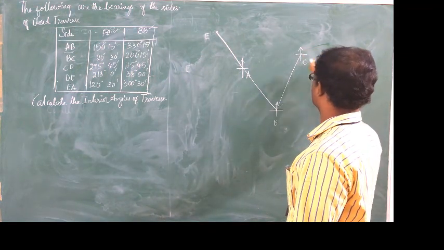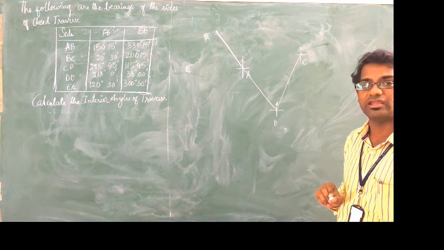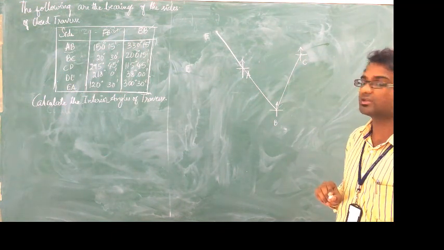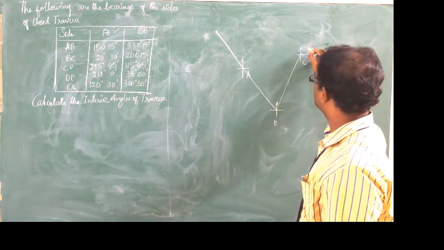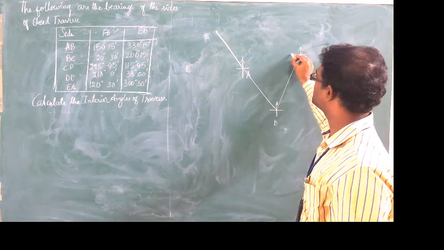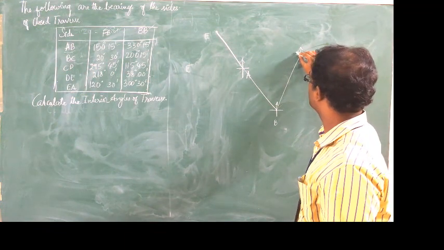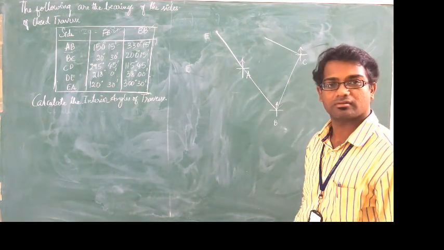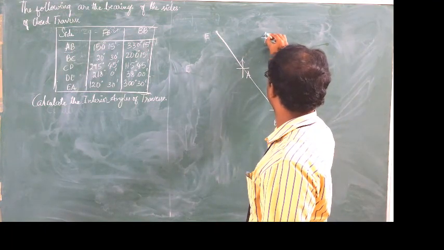Now this is your C. Then from C to D, 295 degrees 45 minutes. So this is 0, 90, 180, 270, 295 degrees. This may be your D point.